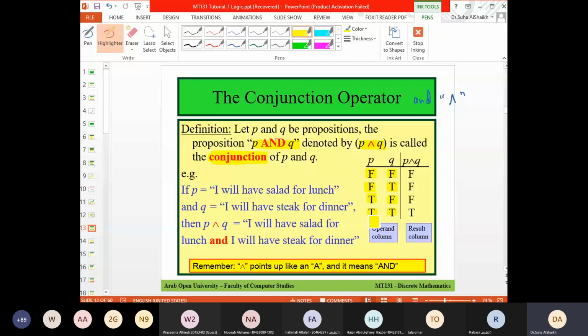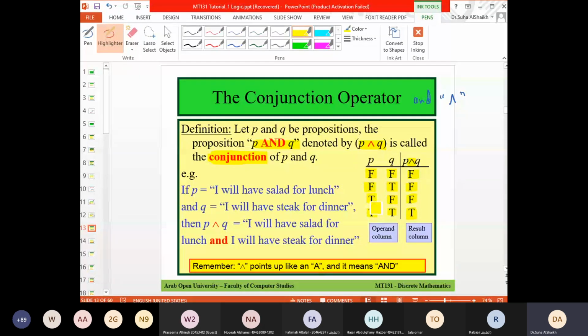Those are all the options I have. Now, if I join them with and, it's only true if both of them are true and it is false otherwise. All the other cases will be false. Why? I always say the and is very strict, it doesn't accept being true unless both of them are true.